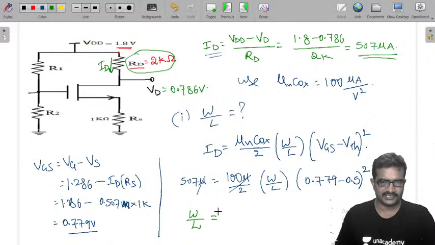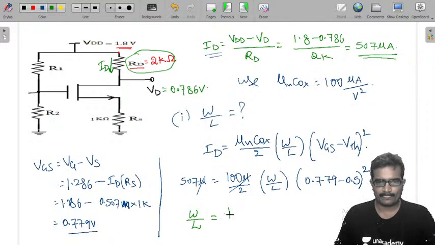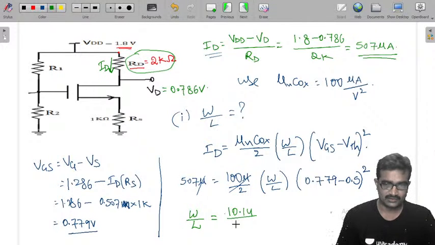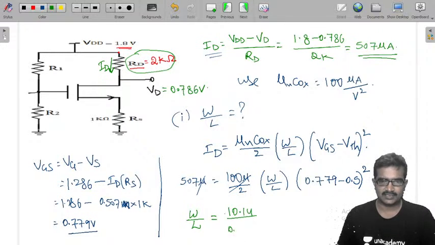By simplification, you get 2 times 5.07, which is 10.14, divided by (0.779 minus 0.5) whole square, which is 0.0778.